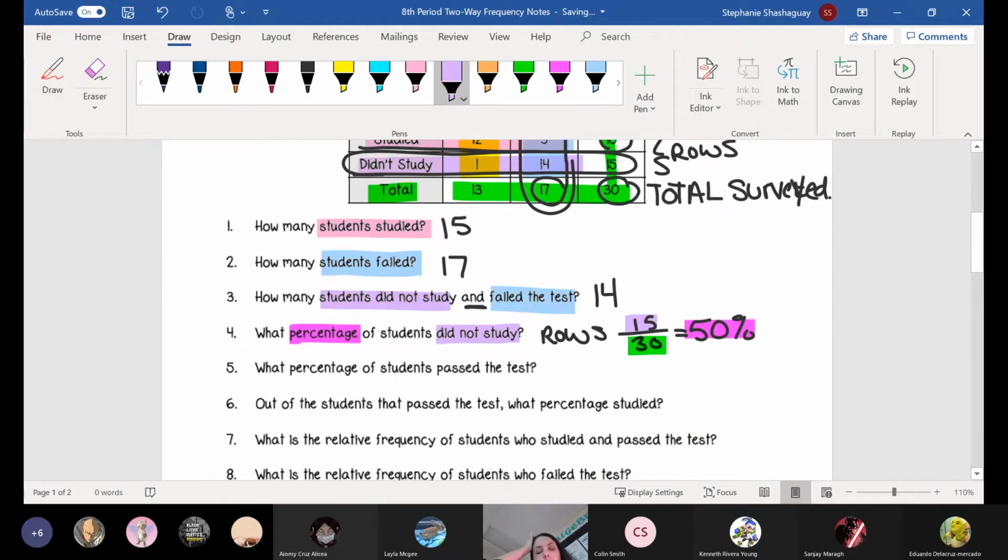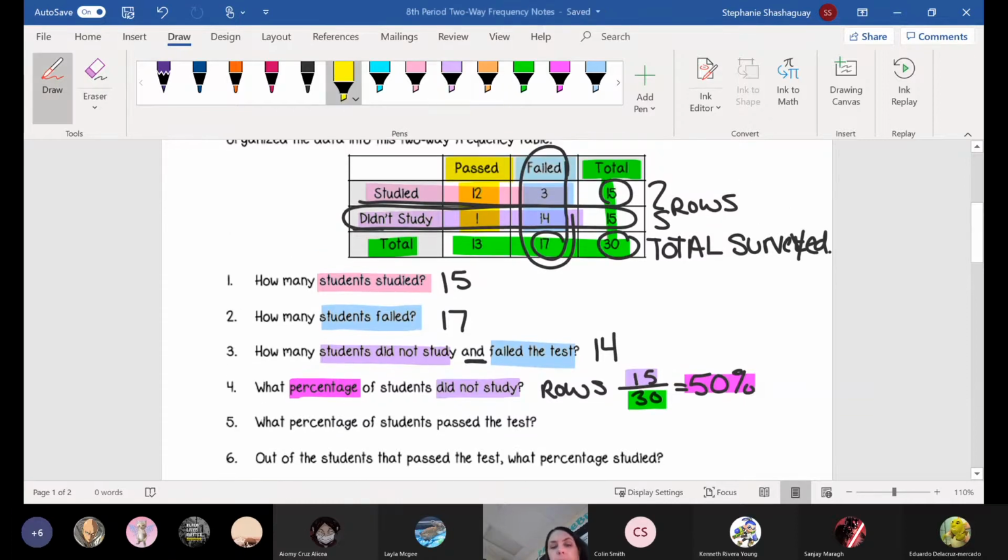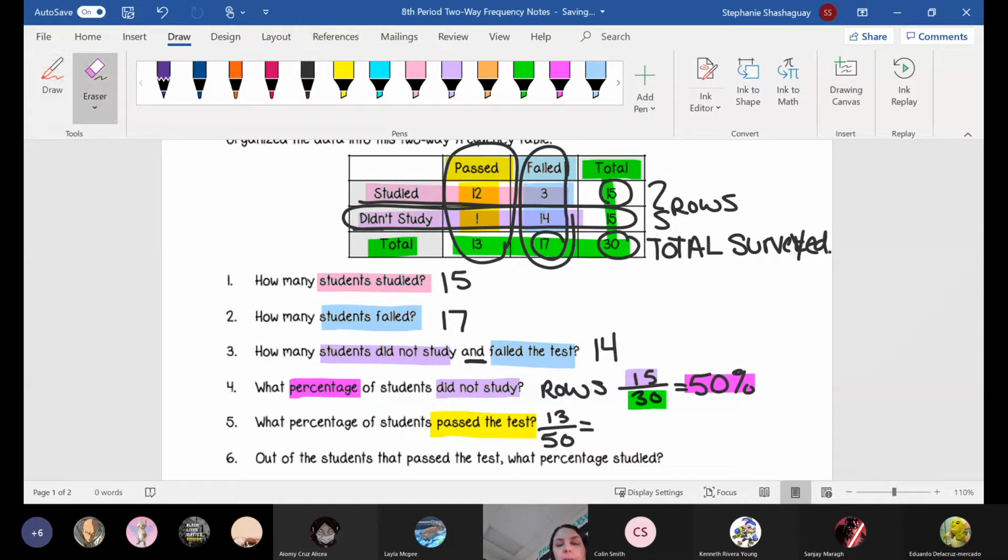What percentage of students passed the test? So now we're going to look at the students that passed the test. That's this column right here. And the total that passed was 13. And we're still comparing that to the total number of students surveyed. So 13 out of, I wrote 50, but I meant 30.